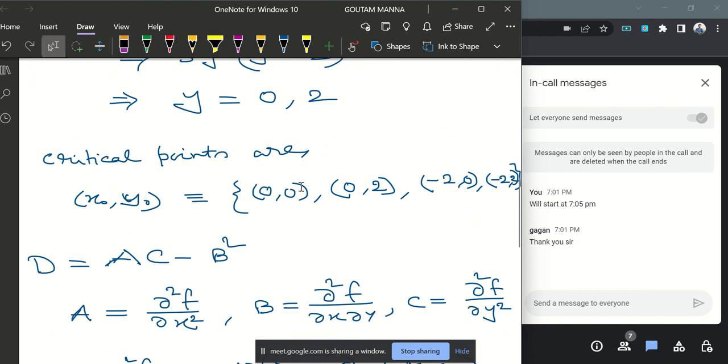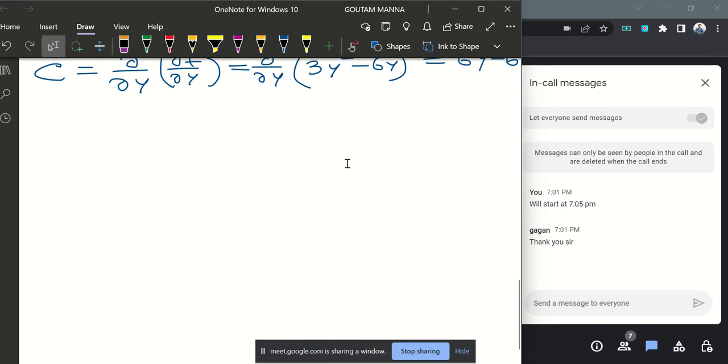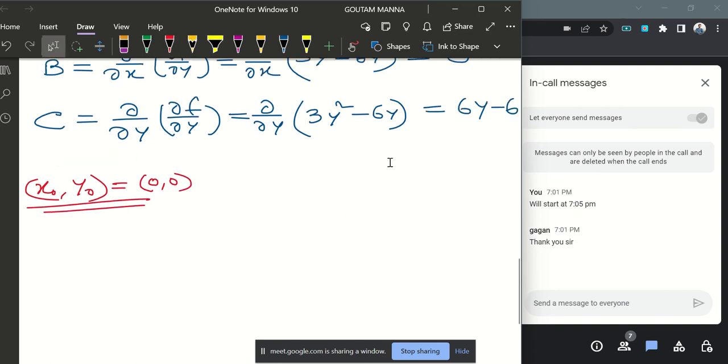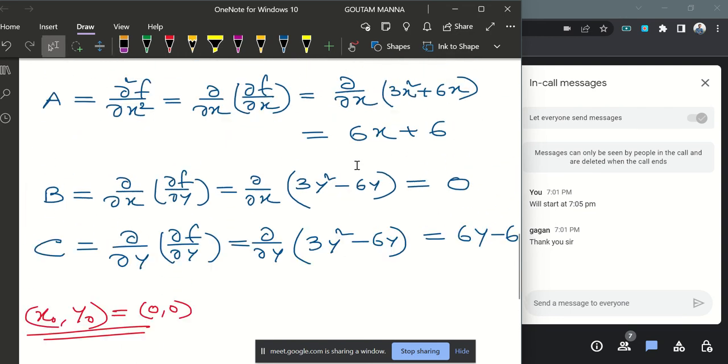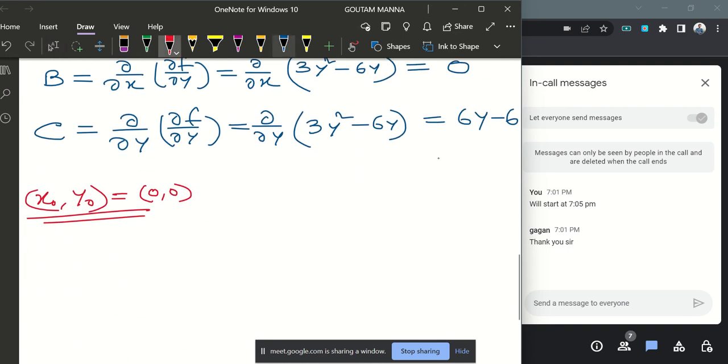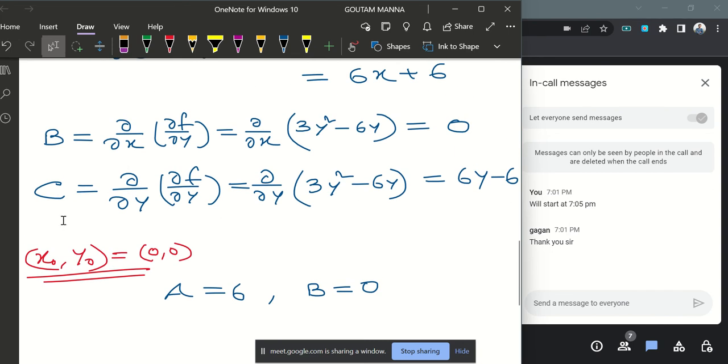So now let's consider the point 0 0 and see whether it is a maximum or minimum. If x0 y0 is 0 0, then A at that point is 6, B is always 0, and C at 0 0 is minus 6.